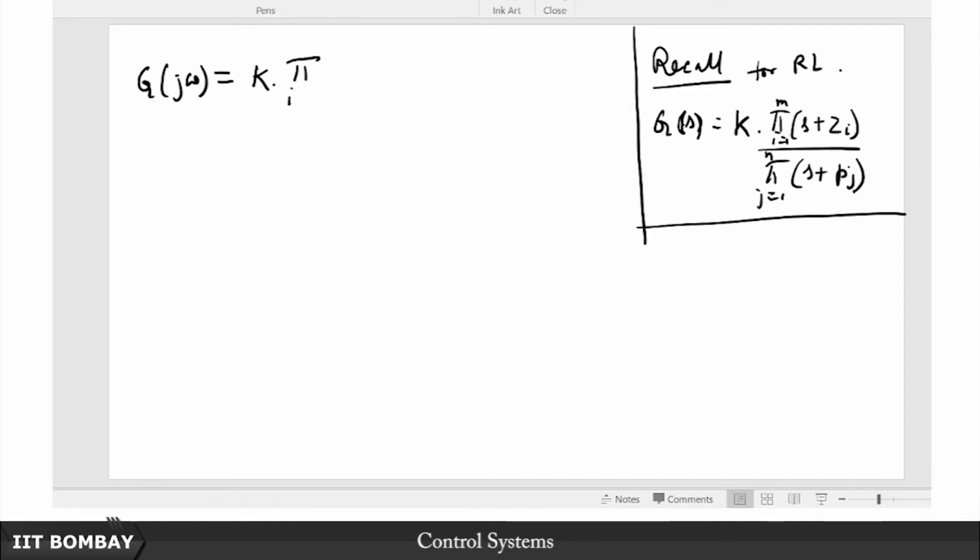Then you are going to have the product for i equal to 1 to m1 of 1 plus j tau i omega. Let us call this tau zi, because these are zeros.